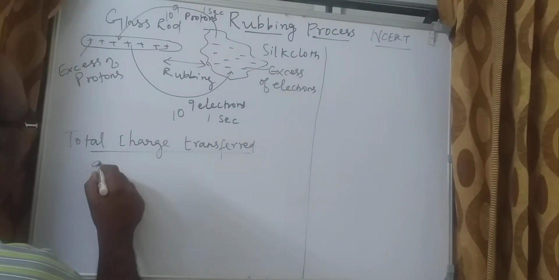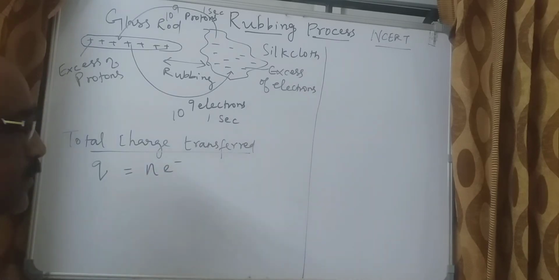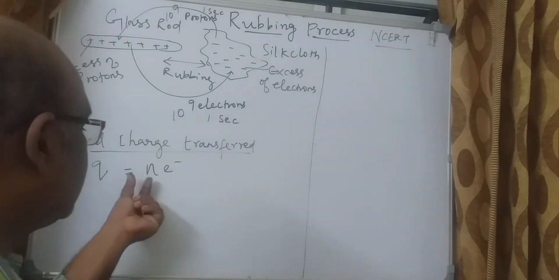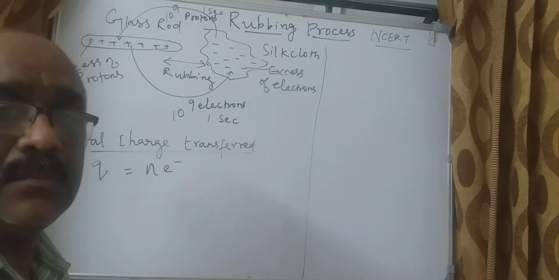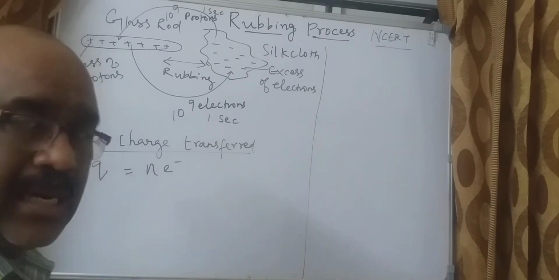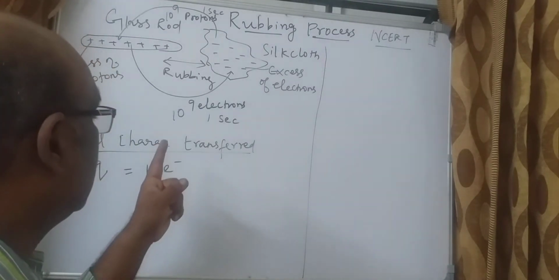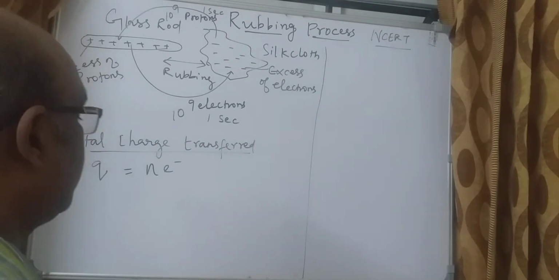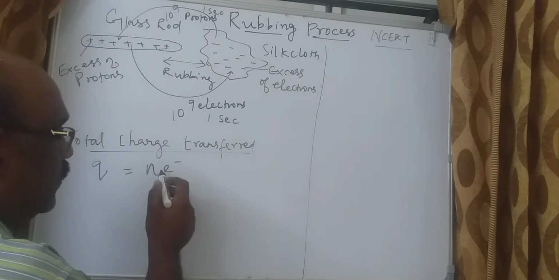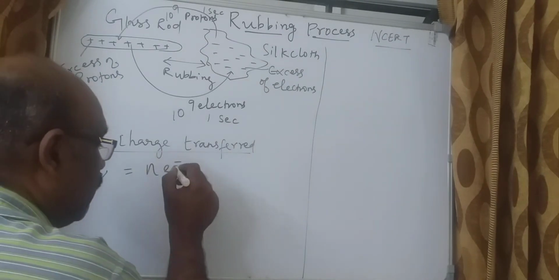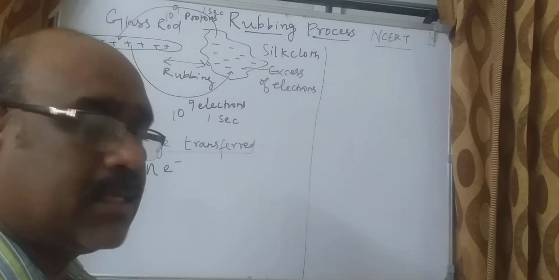Let us write the quantization of charge. Q is equal to n e, which means the net charge in a system is an integral multiple of the least magnitude of charge present in the system.